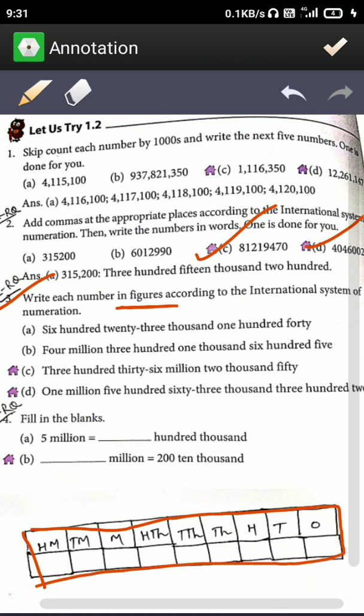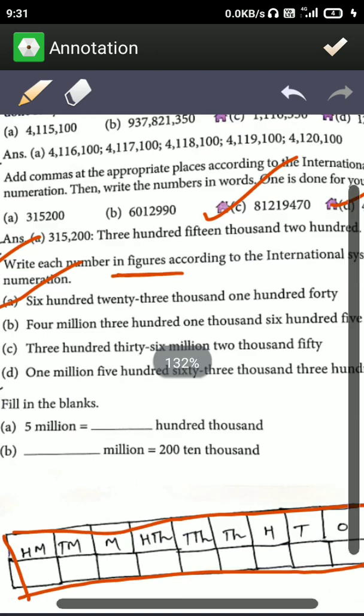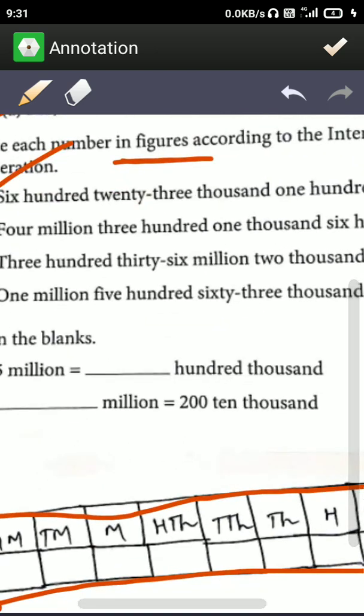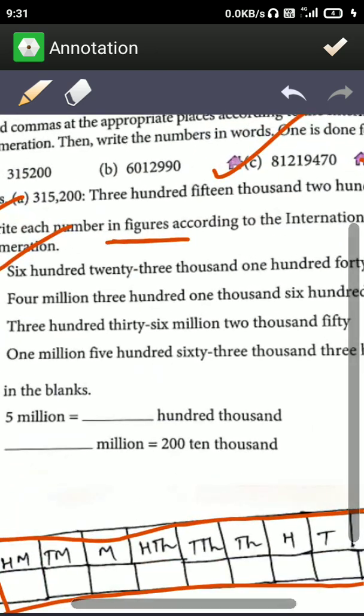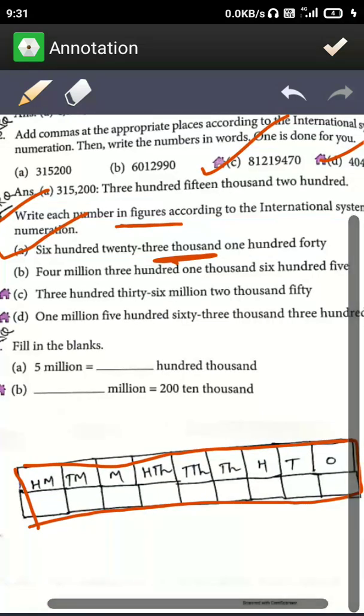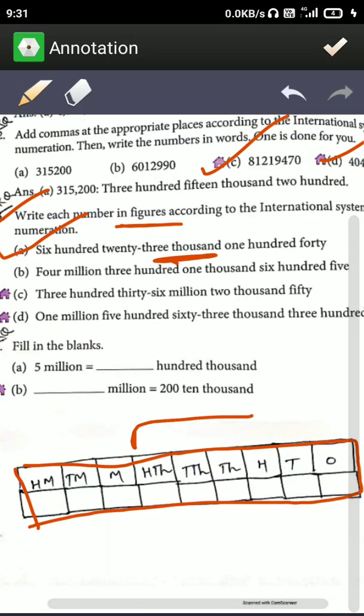Then the question is 623,140. Where is 600? Where is the thousands period? This is the thousands period.